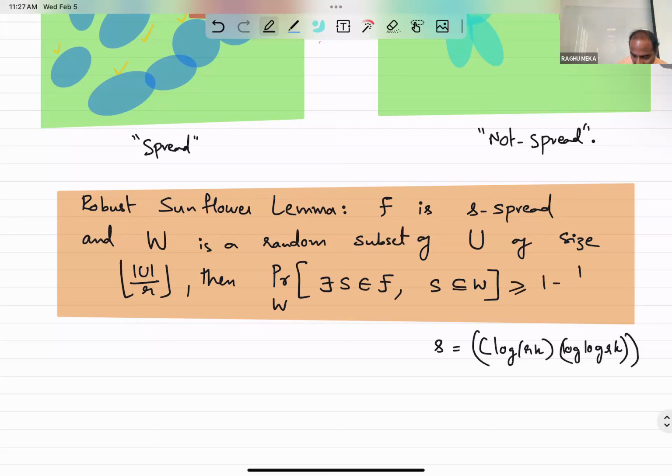It's at least 1 minus 1 over 2R. This is called the robust sunflower lemma.